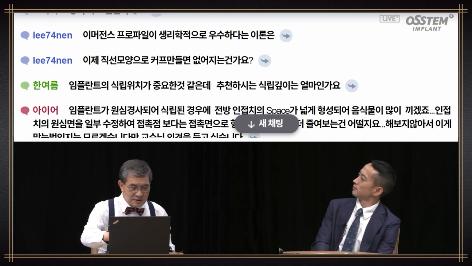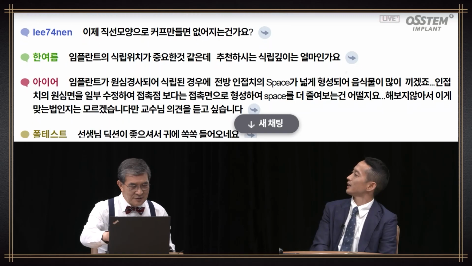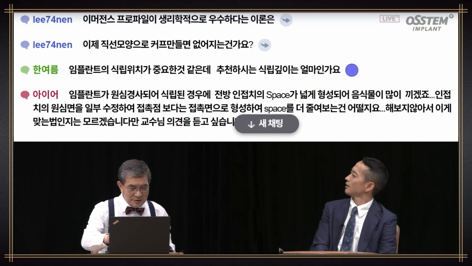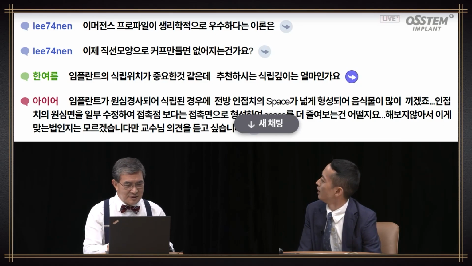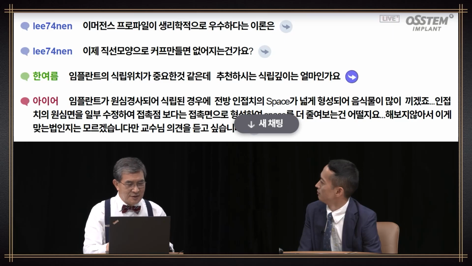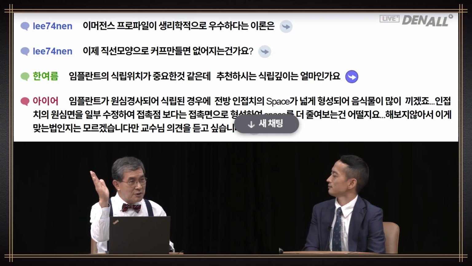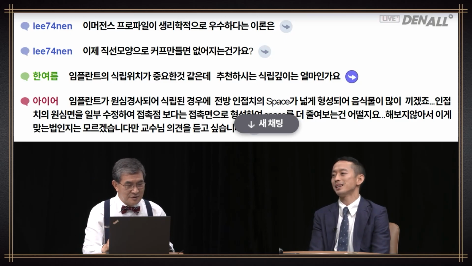LEE74NEN. The emergence profile. Physiologically, having a straight cuff, is it recommended? In other words, if the angle is straight, will it prevent a lot of problems? Comparatively, there's less problem.